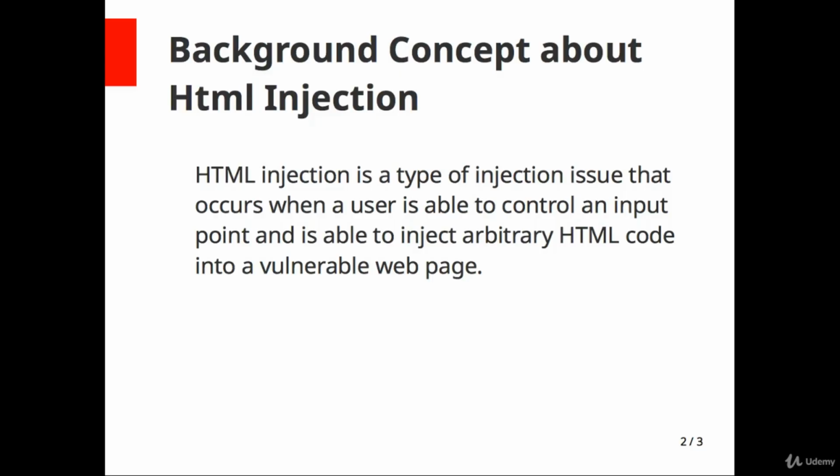Basically, you have to find an input parameter, either GET based or POST based, and if your input parameter reflects back to you, there you can execute any HTML code. And if you succeed to execute any HTML code on a web page, there is an HTML injection.